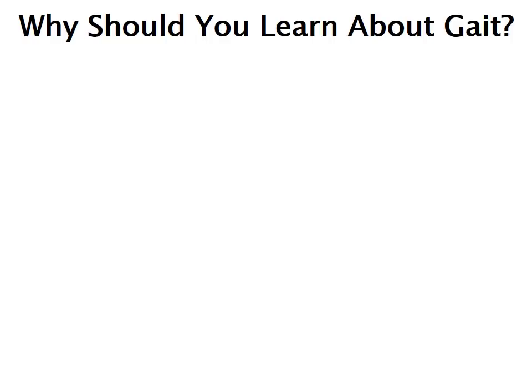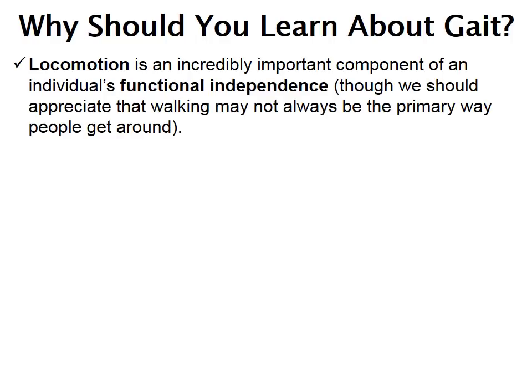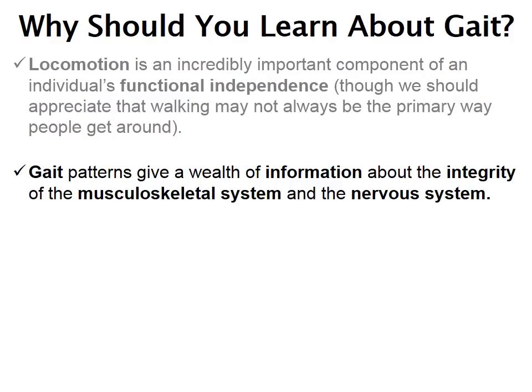So just why should we learn about gait? Well, as you might imagine, locomotion or gait or ambulation is incredibly important. We have to get from point A to point B, and thus we are functionally independent when we're able to do so efficiently and confidently. Gait gives us an amazing amount of information about our patient and about their musculoskeletal system and their nervous system or their neuromuscular system.